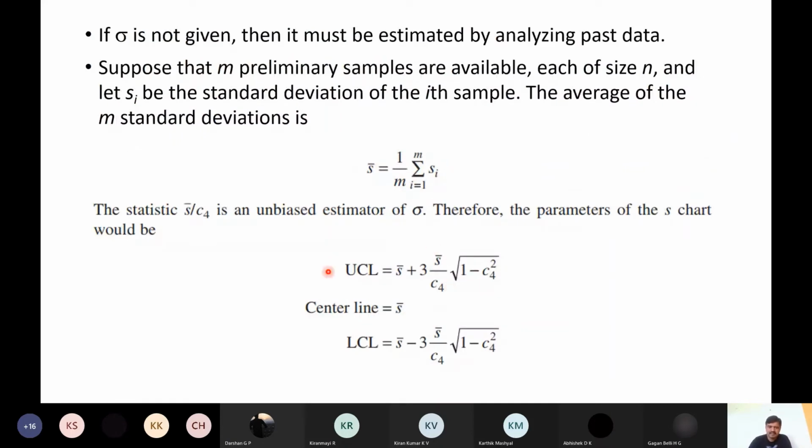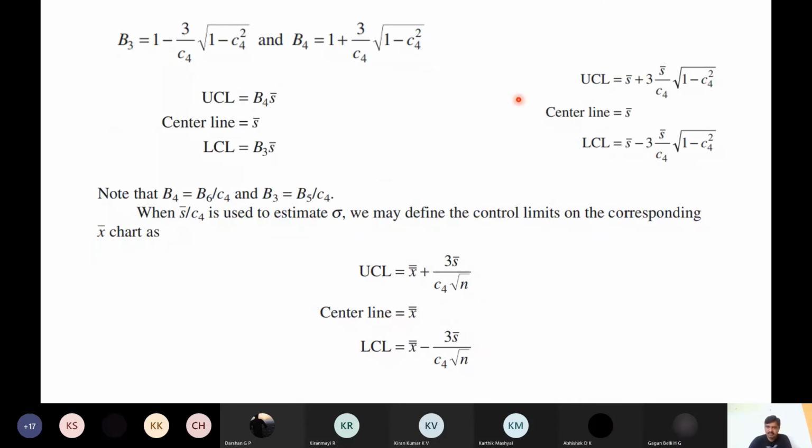Next, this equation can be simplified by taking S bar as common. Then you will get 1 minus 3 by C4 root 1 minus C4 square, and this can be written as B3 S bar, since B3 is this one.